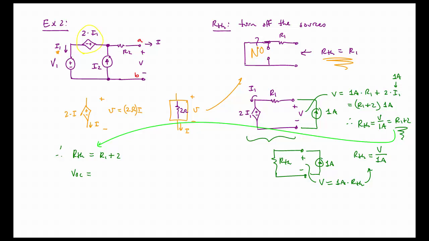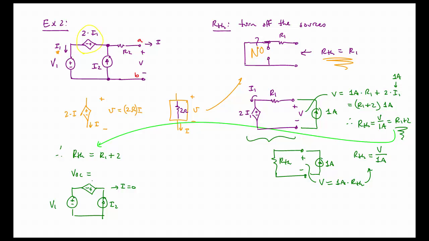So I'm still going to use the open circuit as opposed to short circuit, and if we do the open circuit, it's easy to find this because when we have V1, we have our dependent source, and we have I2, that's all that's happening because there's no current flowing through R2.